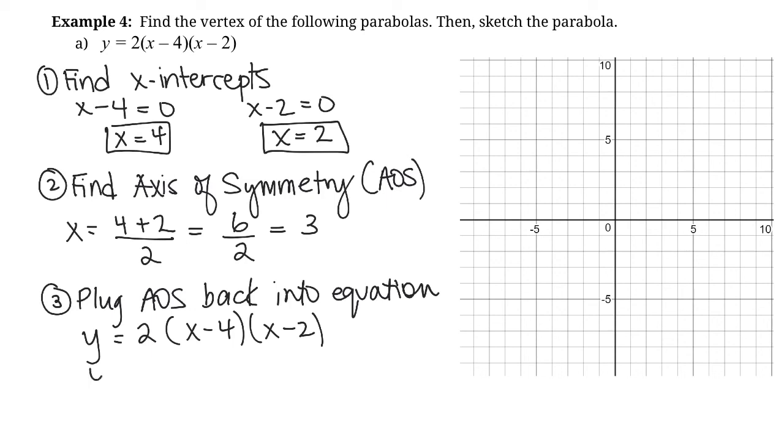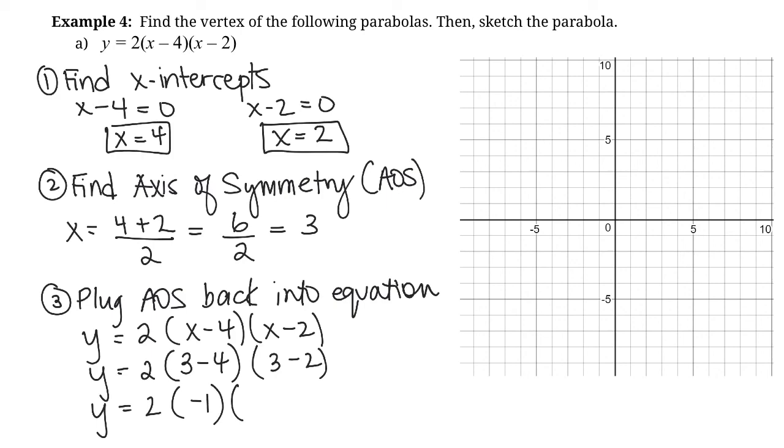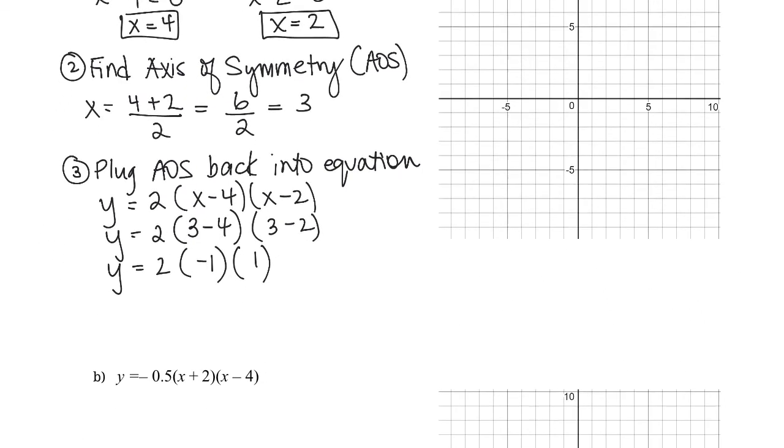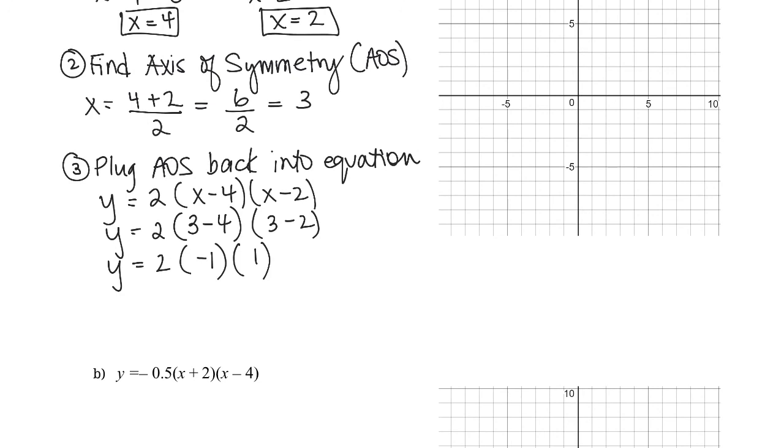So that's going to give us y equals 2, and then inside one bracket, we'll have 3 minus 4, and inside the second bracket, we'll have 3 minus 2. So 3 minus 4 is negative 1. 3 minus 2 is 1. And if we multiply that together, we will get y equals negative 2.